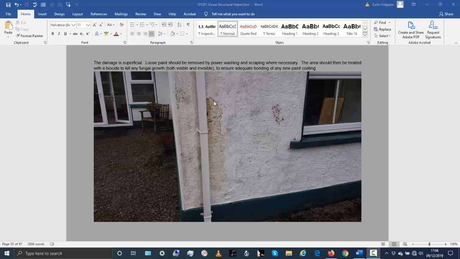It's important to do that before you put on a new paint coat, because if you just clean it down by power washing or scraping, you won't actually remove all of the invisible fungal growth that will prevent the new paint coat from adhering. So it's important to treat it, and that's true anytime you paint. You're supposed to roll on or spray on a biocide first before repainting externally, no matter when or what you're painting.